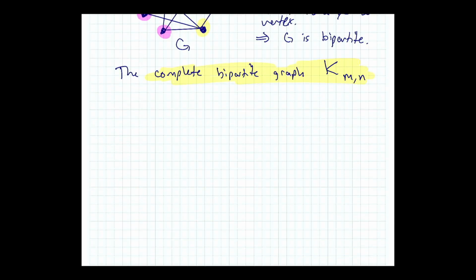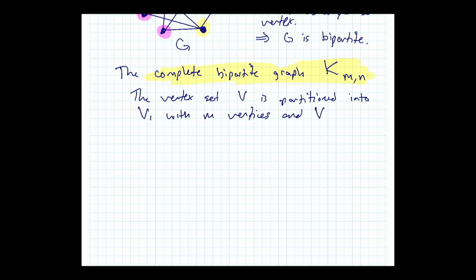So basically what you do is this. The vertex set V is partitioned into V1 with M vertices and V2 with N vertices.